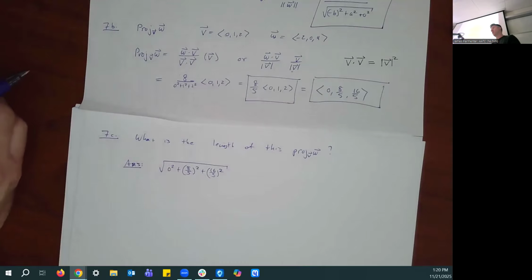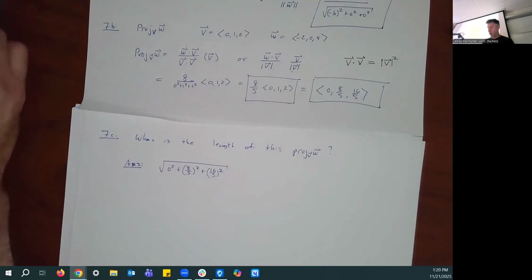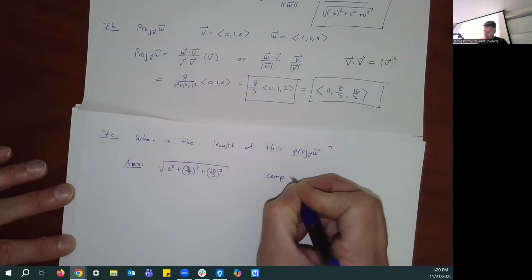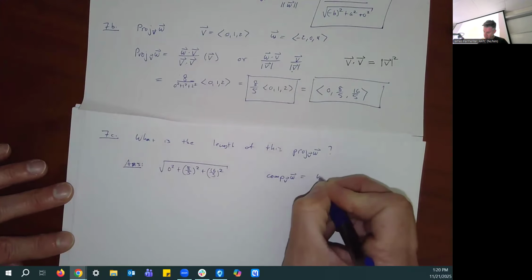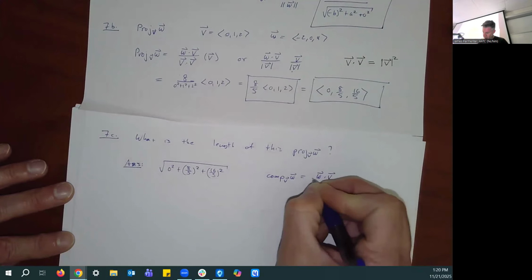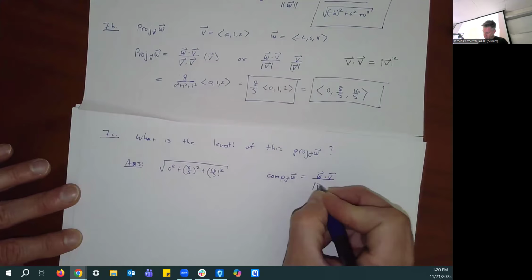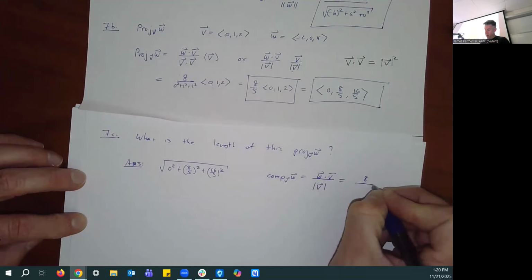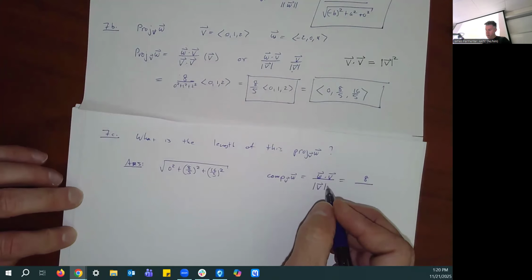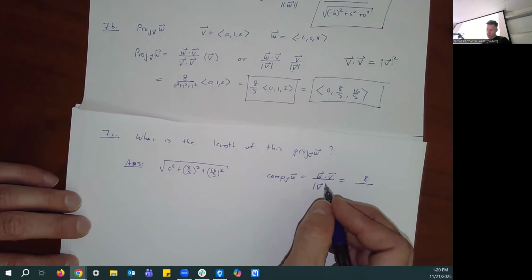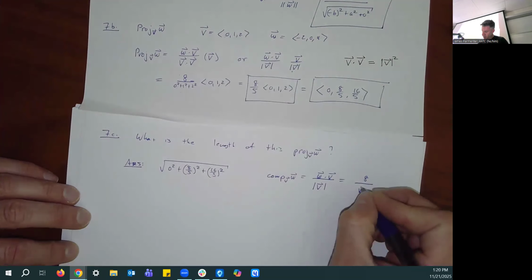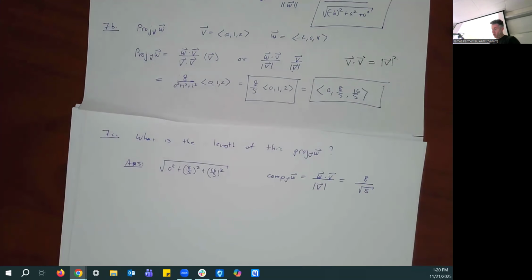But if you'd asked this question before you actually found the projection, they're really asking you just for the component of W onto V. And the component of W onto V is calculated as the dot product divided by the magnitude of V, which would be, again, the dot product was 8, and the magnitude of V was square root of 5. Square root of 0 squared plus 1 squared plus 2 squared. Which should be the same as that.